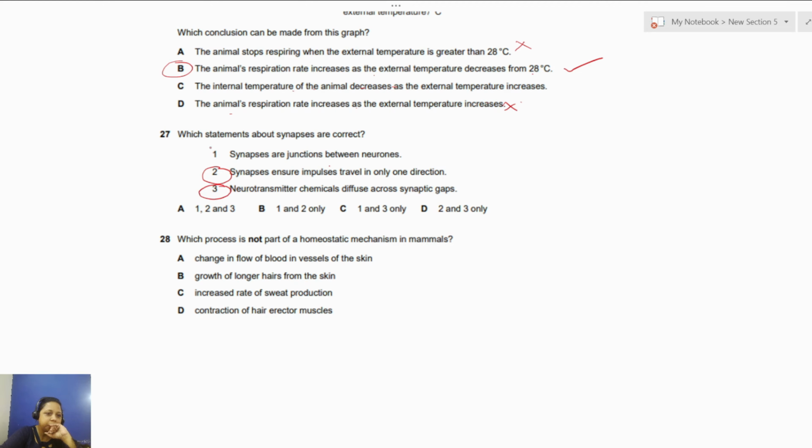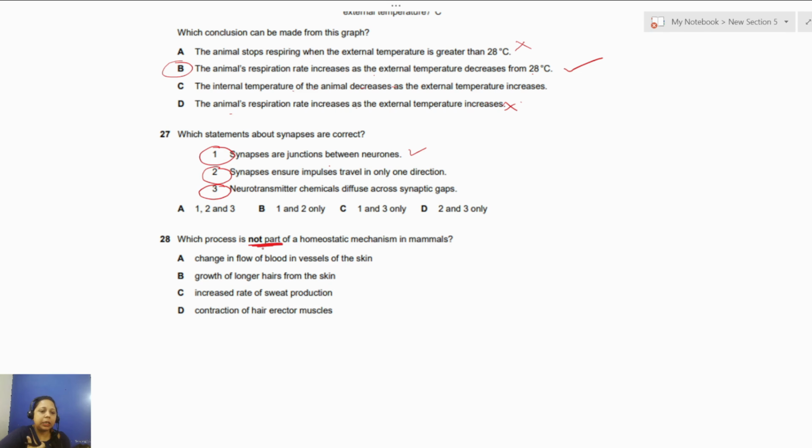All are correct. They are actually gaps, junctions between the neurons. They move the impulses in one direction. The neurotransmitter diffuses across the synaptic gap. All are correct.